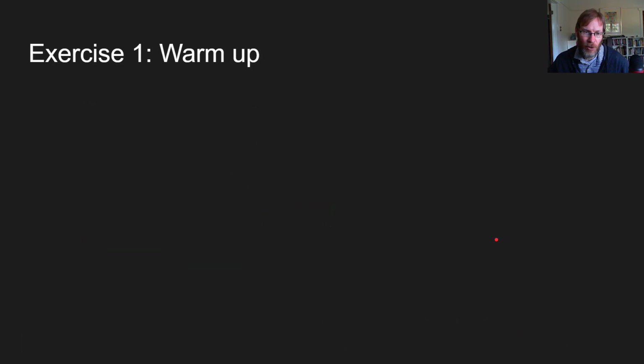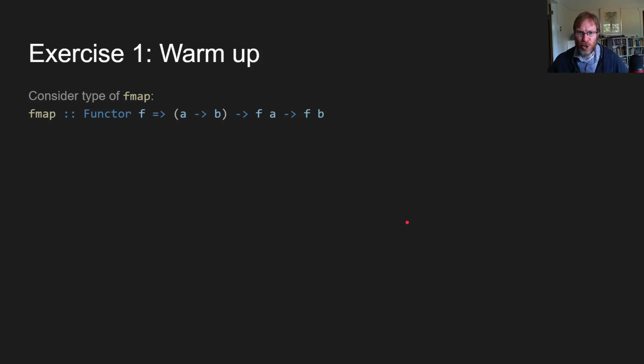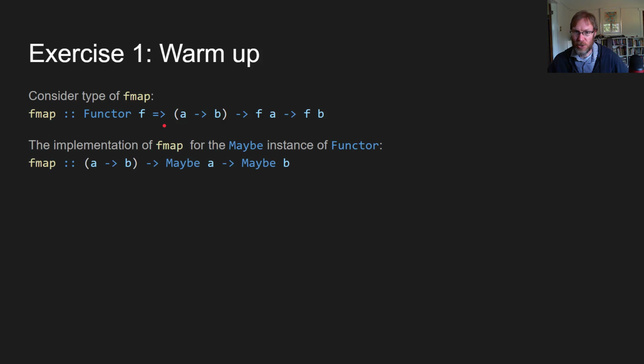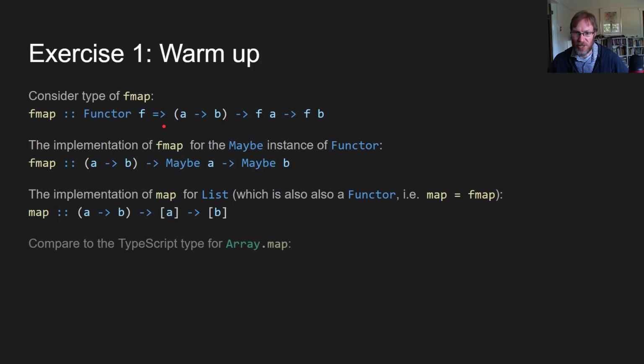So in the workshop this week, we are going to be practicing reading and understanding and also writing Haskell types, and especially things like fmap, where we will be looking at actually some TypeScript code, and we will be comparing TypeScript code or rewriting TypeScript types into Haskell.